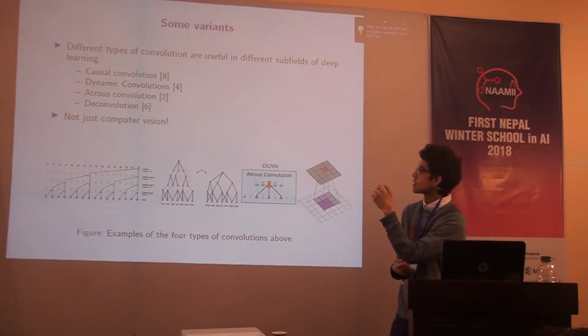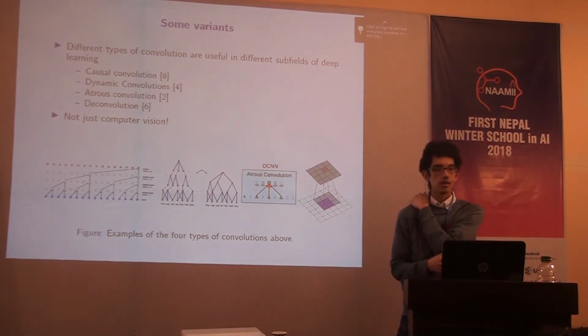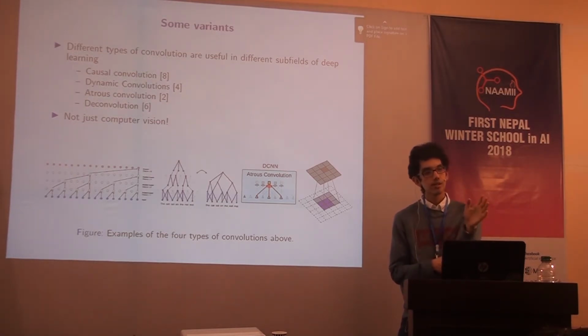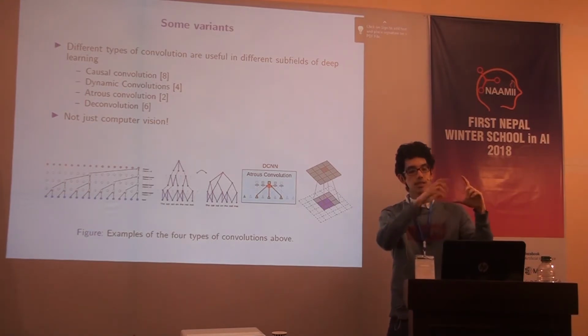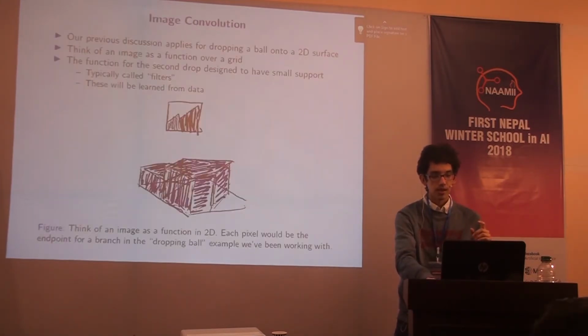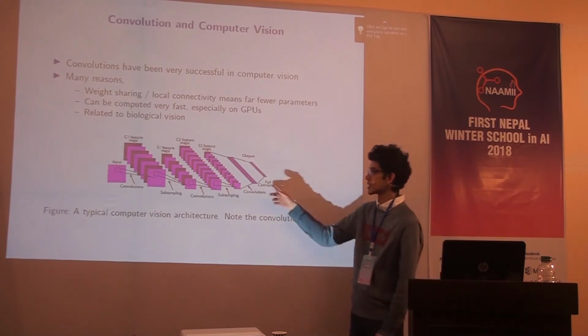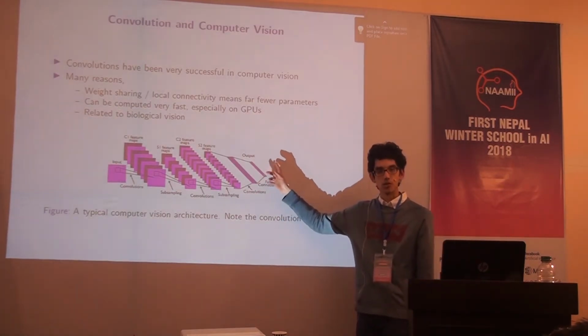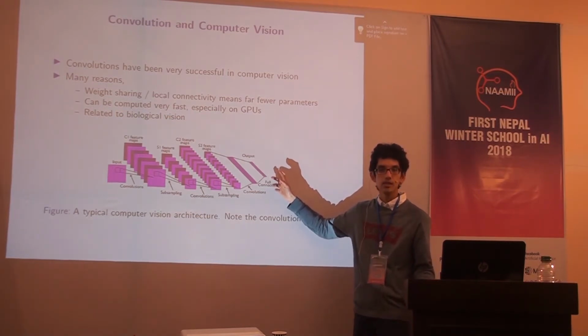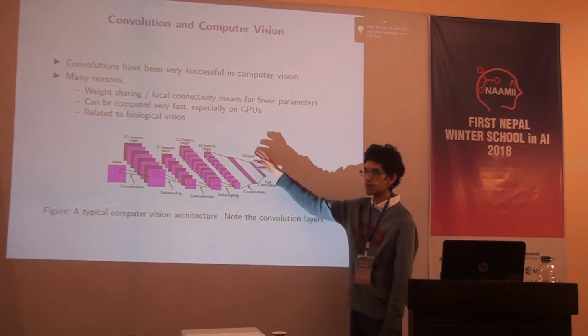And then dilated convolution and deconvolution are very useful in computer vision tasks that aren't just classification. In classification, you have this big network, and in the end, you reduce it down to k logits, and you make a prediction on one class. But in a lot of computer vision tasks, you want a response that's very high dimensional.